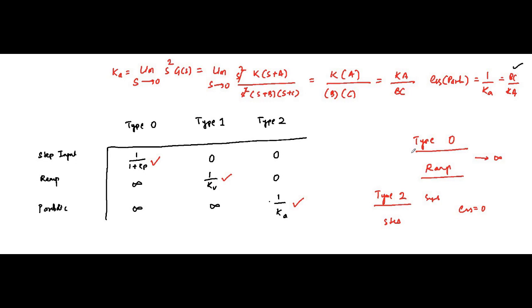Step by step you have to do, because each step carries certain marks. But in case of multiple choice questions, objective type questions, in order to save time, you can use this method, because just by comparing the input type and the number of poles at origin, the type of the system, you can quickly figure out whether the result will be 0, infinity, or any of these non-zero finite values. So it will save you a lot of time.